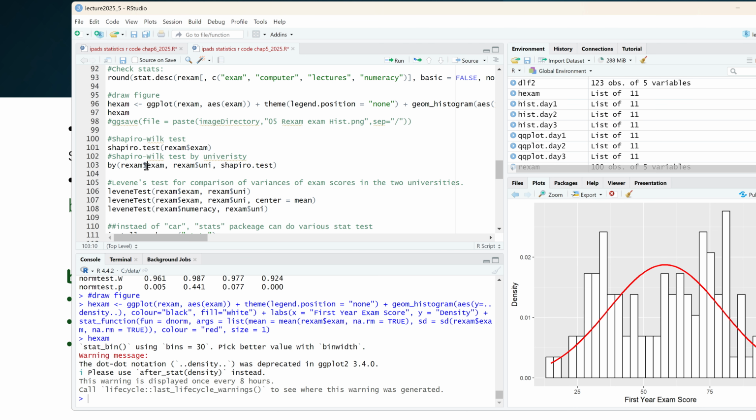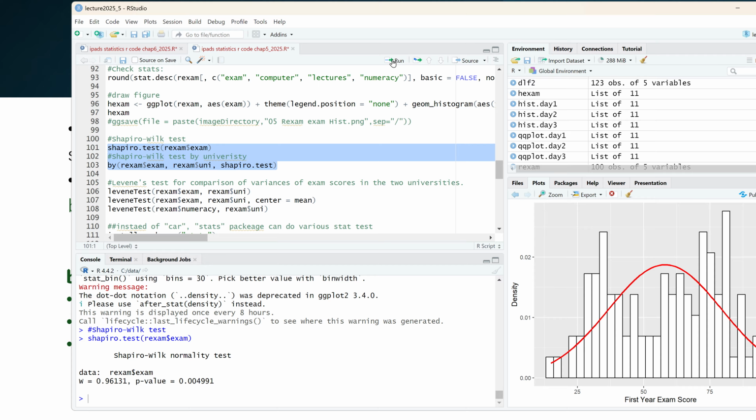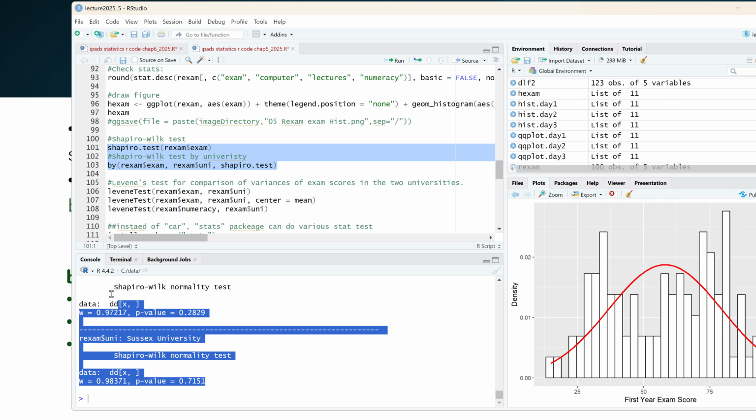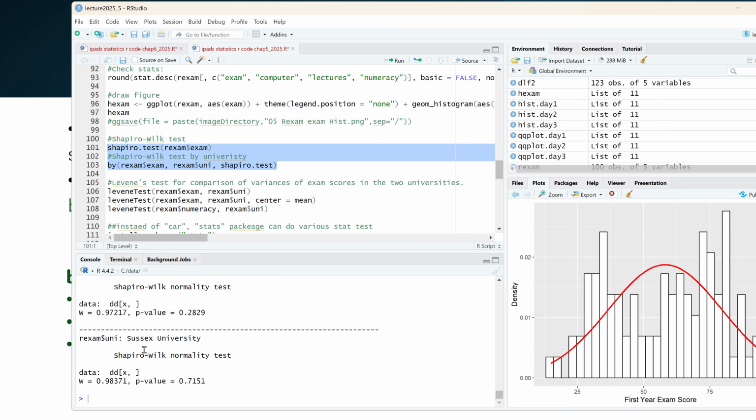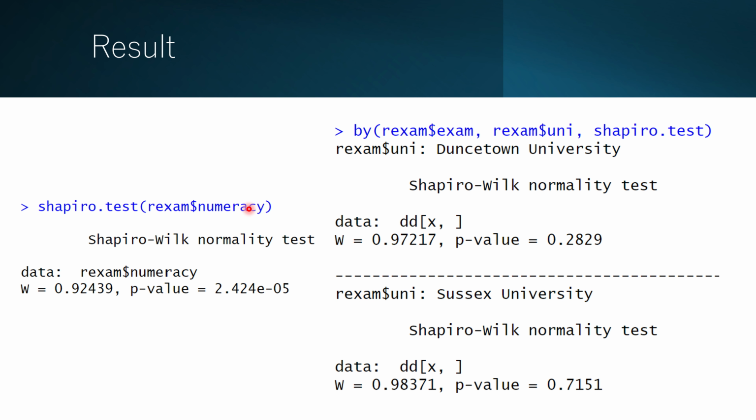Okay. We get the result like this. This is the Shapiro-Wilk test by university. This is the slide, the Shapiro-Wilk normality test like this.